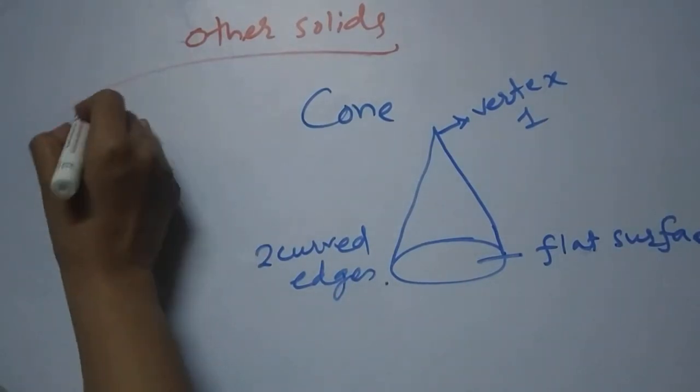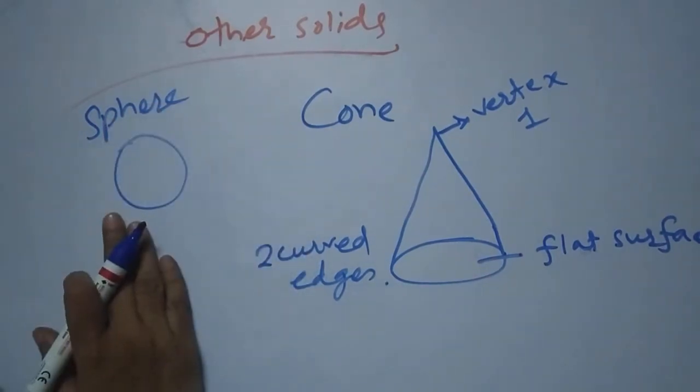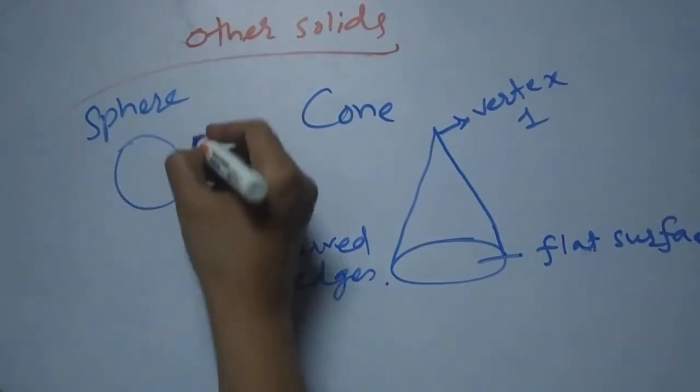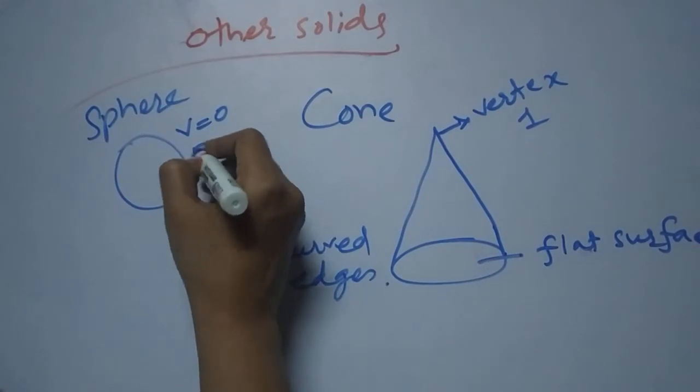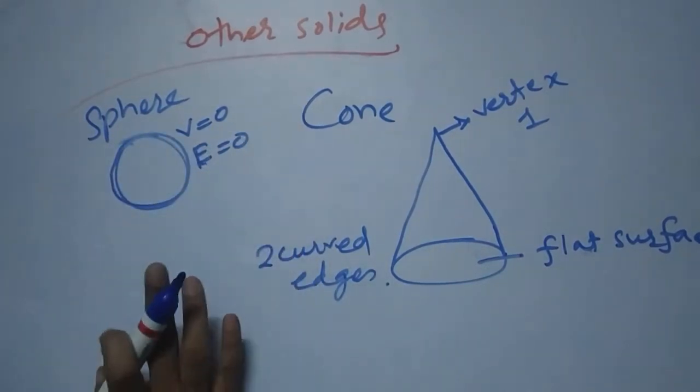Next is again, friends, a sphere also. A sphere we cannot draw on a plane surface here, but its vertices are 0. Again you don't have edges here, you are having just one curved face here.